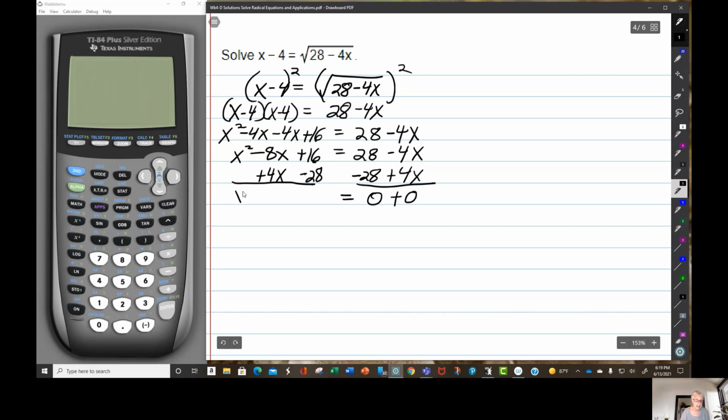On the left, I have x squared minus 4x. I took away 8 x's, then I put 4 of them back, meaning I'm only 4 x's down now. So minus 4x, and 16 minus 28.